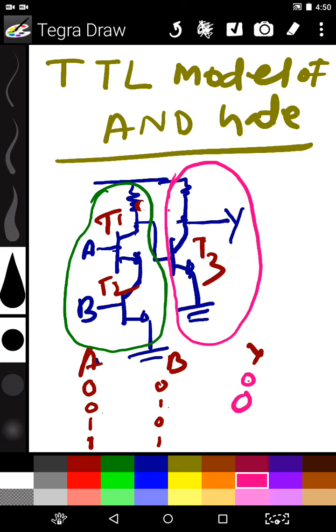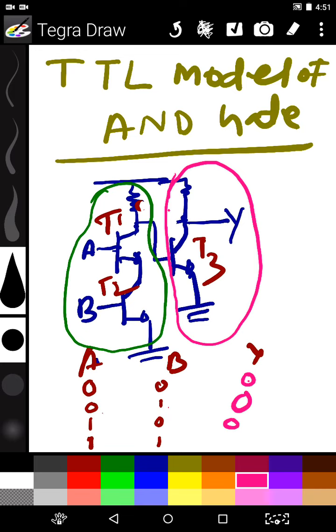So there will be some voltage obtained from the first stage output, which is given as input to the T3 transistor. So the T3 transistor acts as on. On condition means the Y terminal will be grounded through the transistor, making a short circuit to the ground. So the output will again be 0.